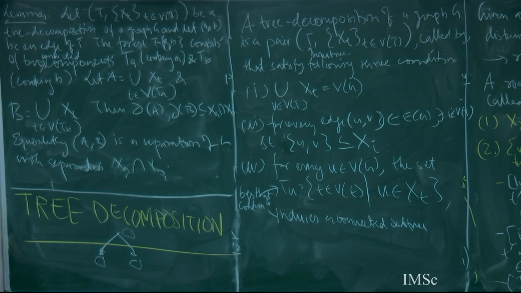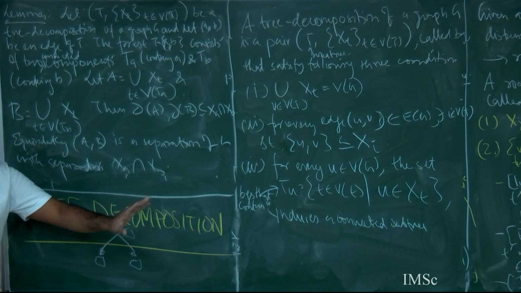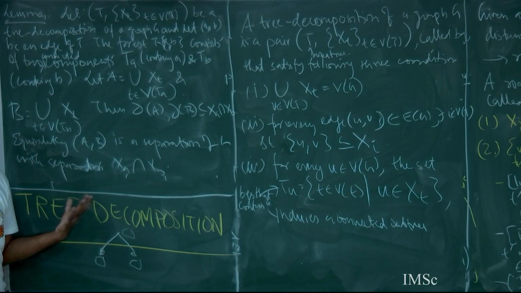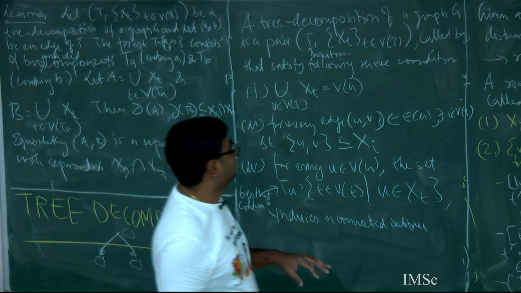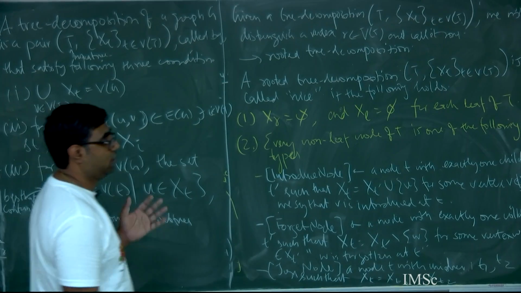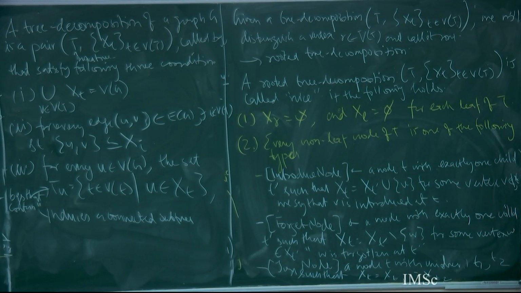Now remember in the path decomposition, we were saying that adjacent bags may not be the same. We cannot guarantee these things. But it is a very useful property to have when we are doing a dynamic programming algorithm, right? And again, you can prove a lemma which says that given a tree decomposition, you can compute a nice tree decomposition nicely.